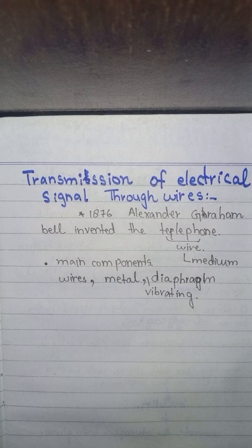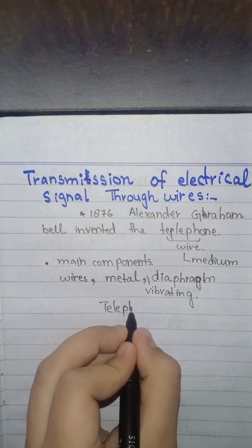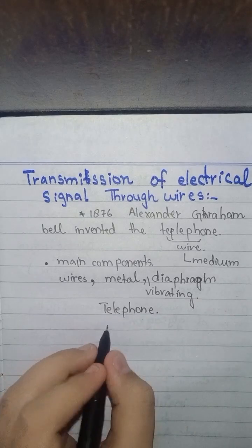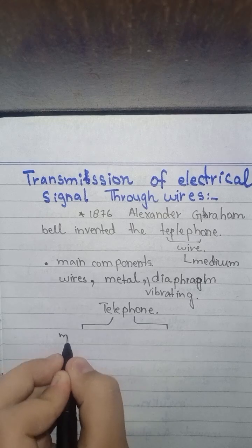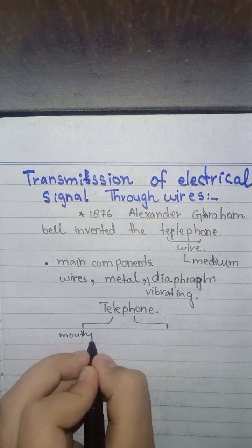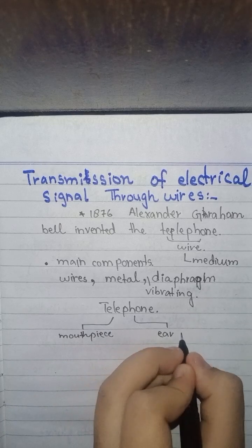Okay, so first of all the telephone is divided into two parts, you can say, mouthpiece and earpiece.